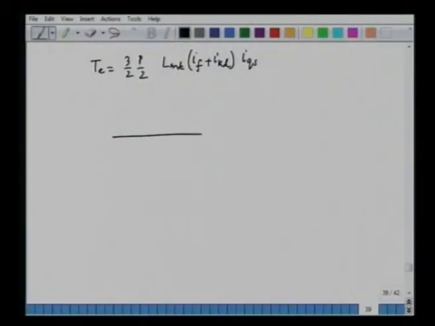Now, here we can draw a block diagram to illustrate how the torque changes with a change of field current. So, what we have here is the following.